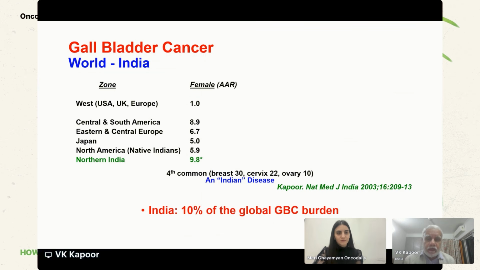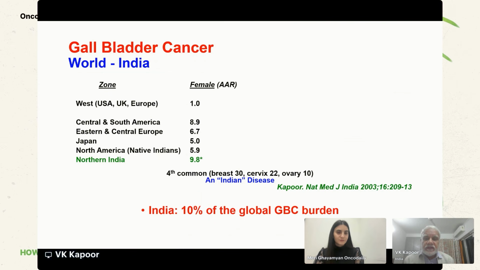In North India, where I used to work in the city of Lucknow earlier, the incidence rate is 10 per 100,000 per year. And in fact, in North Indian women, gallbladder cancer is the fourth most common cancer. The only other cancers which are more common than gallbladder are breast, cervix, and ovary. So it is the commonest non-gender related organ cancer in women in North India.